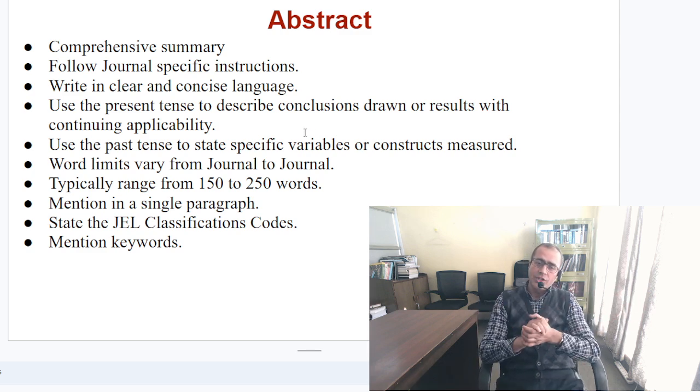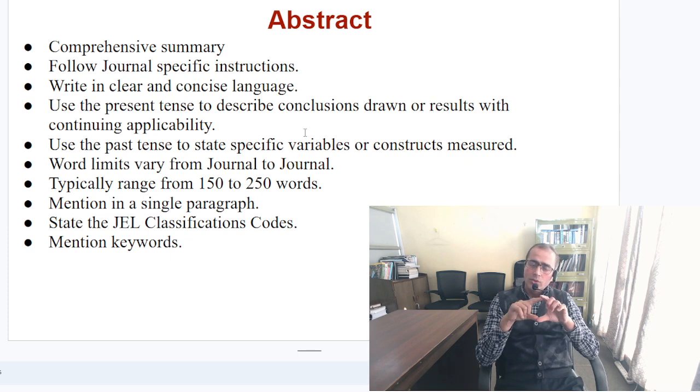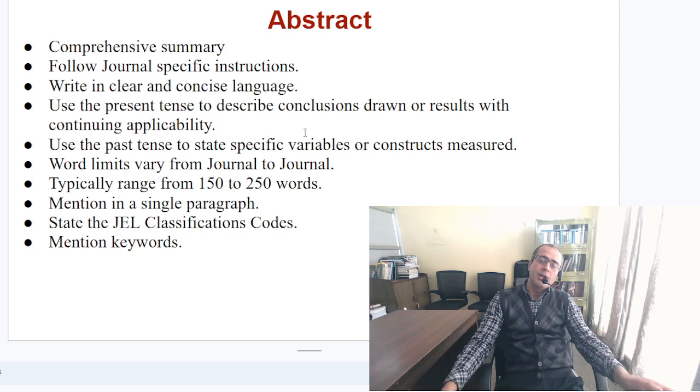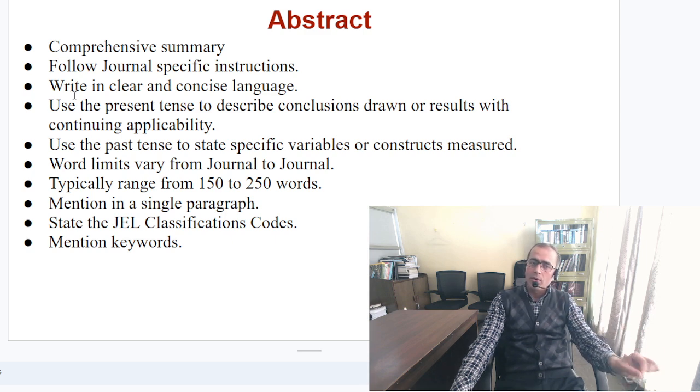Now the next one is your abstract. Once you complete your research, it is good to provide your comprehensive summary, that is the abstract. And anyway, you have to follow the specific guidelines and instructions of the journals where you are supposed to send it for publication, and your writing style must be good.